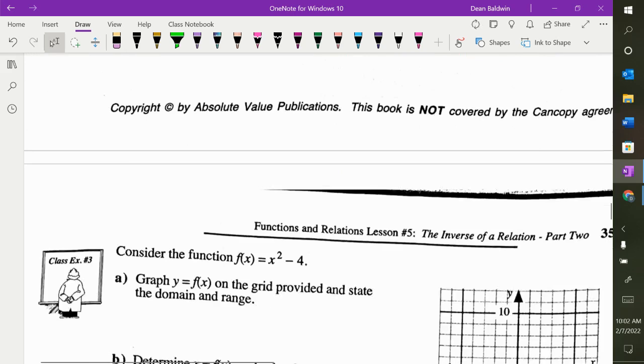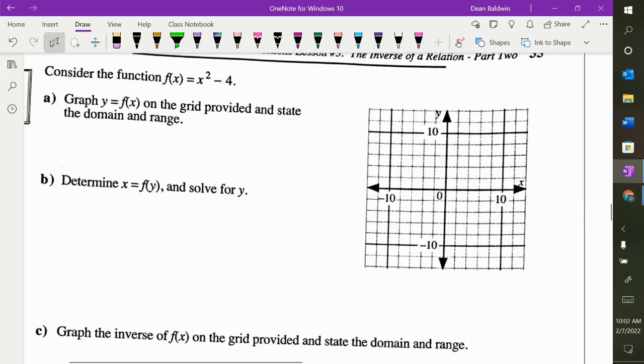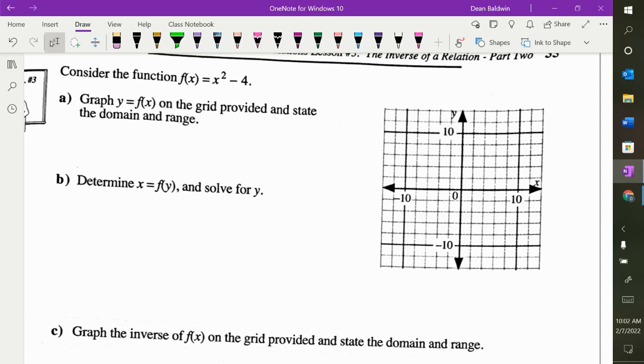Come on. All right, next page. This is something you would get on a test. So consider the function x squared minus 4. What type of graph is that? It's a parabola, a curve. Does it open up or down? Up, because it's a positive x squared.